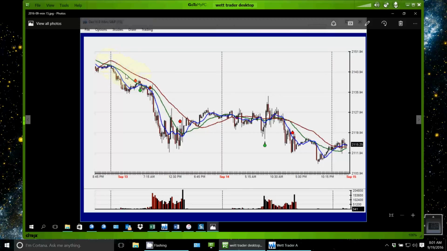So as long as we're below the green and the red, which is the 21 and 40, this thing will keep selling. Well, if I change it to 8 and 21, and the 8 crosses the 21, then it's going to look for a buy. But then once again, the trend changes, because now we're below, it will get out of the buy automatically and sell again.